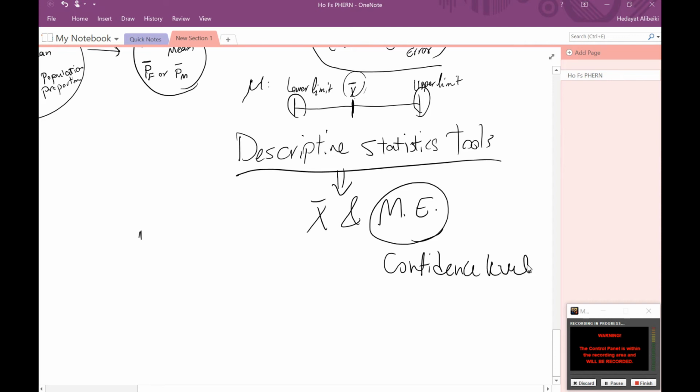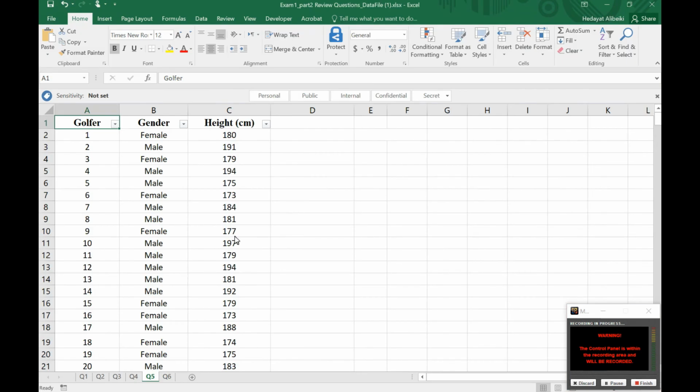So if you go to Excel, question 5, 95% confidence interval for population mean of height of golfers.